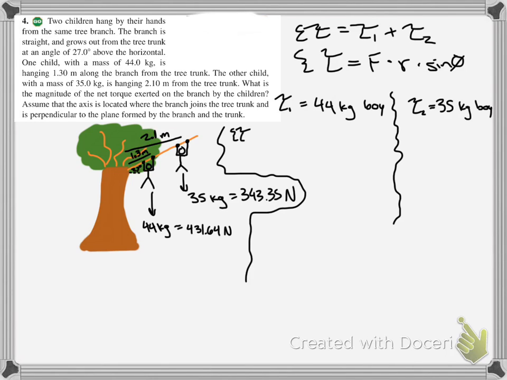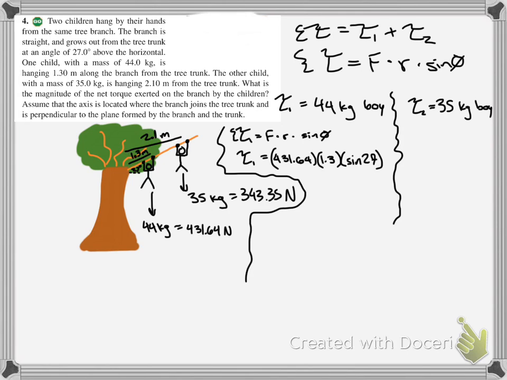I'm gonna make this neat so it's easy for you to understand. So torque 1 is F times R times sine theta. Torque 1 is equal to 431.64 newtons times 1.3 meters times sine 27.